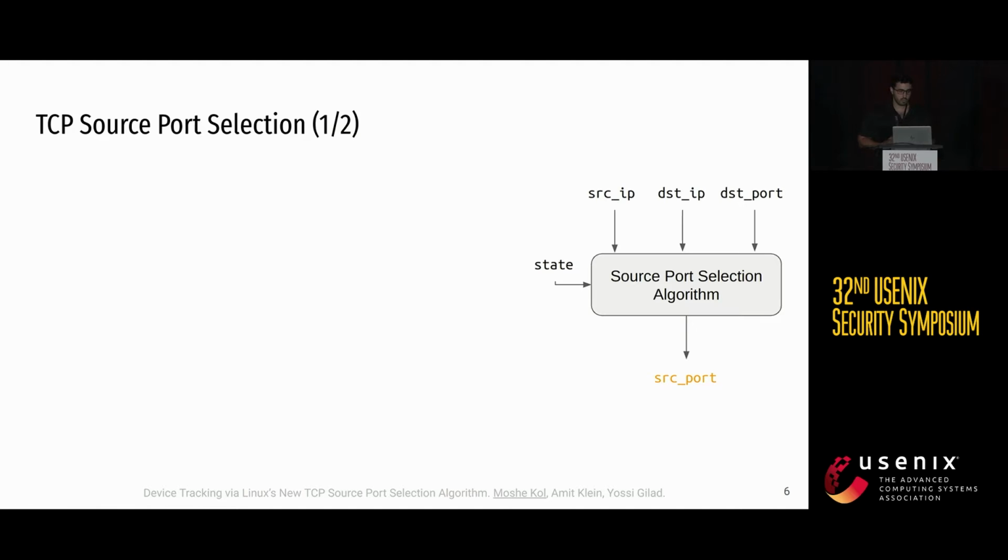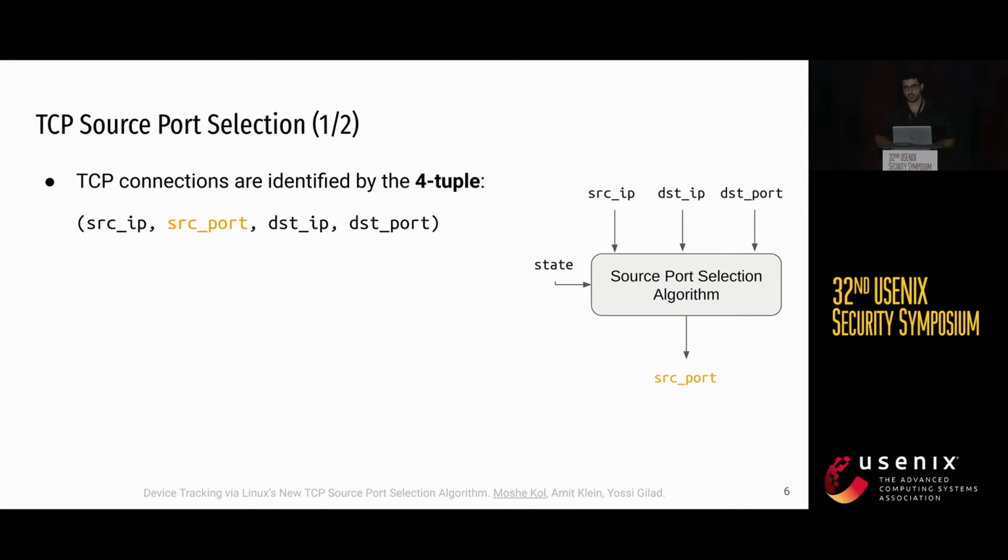So to understand more the attack, we need to understand how TCP source ports are selected. As you probably know, TCP connections are identified by the famous 4-tuple: the source IP address, the source port number, the destination IP, and the destination port.